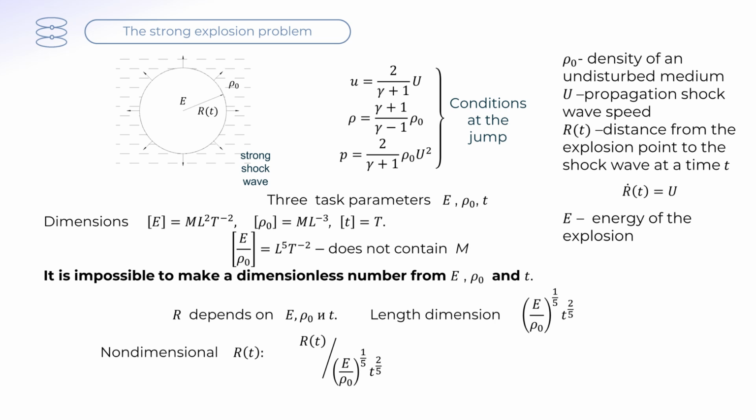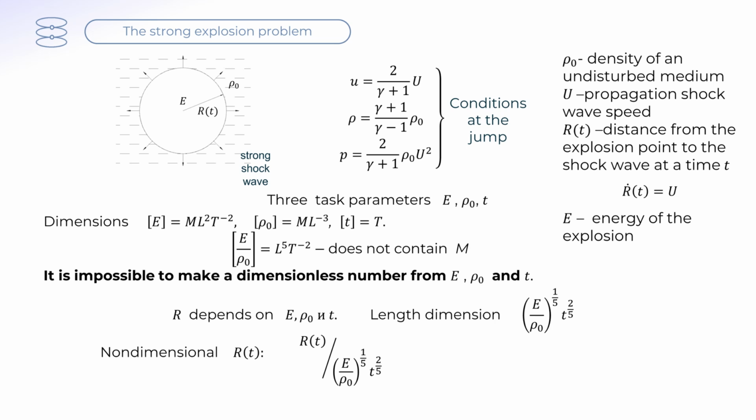Let us use dimensions to solve this problem. The dimensions of energy, density, and t are well known. If we divide energy by density, we have two dimensions, time and distance, and there is no dimension of mass.